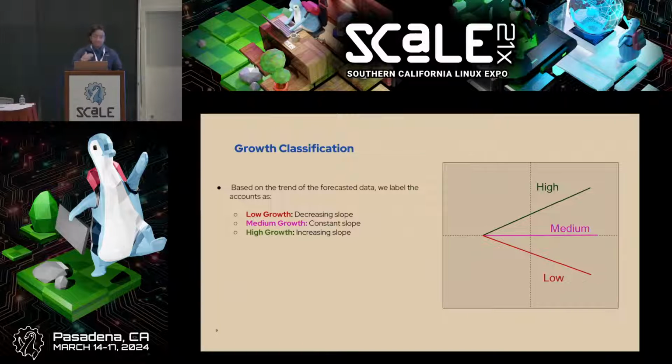So based on these three different classifications of slopes, we classified our customer base into low growth, medium growth, and high growth candidates. You can do the same thing for your GitHub contributors list.